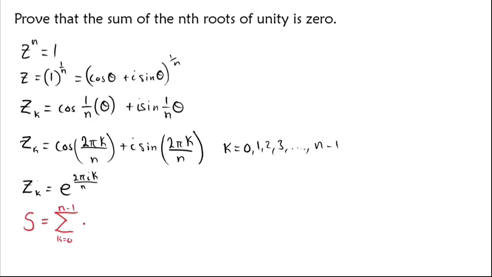So this is for zk. But we know that this zk, we've written it in exponential form. So from k equal to 0 all the way up to n minus 1, in exponential form, that is just written as e to the power 2 pi I k divided by n. All right.